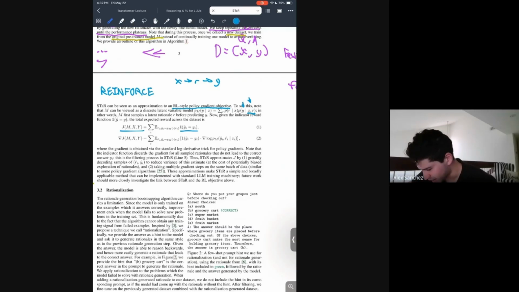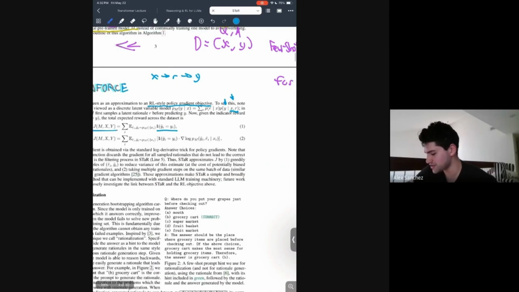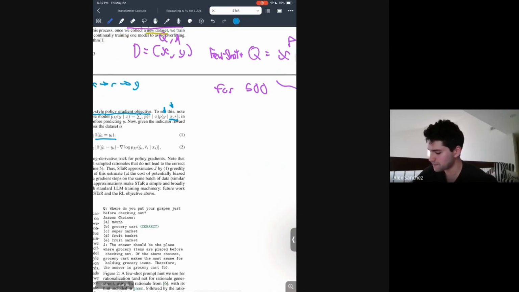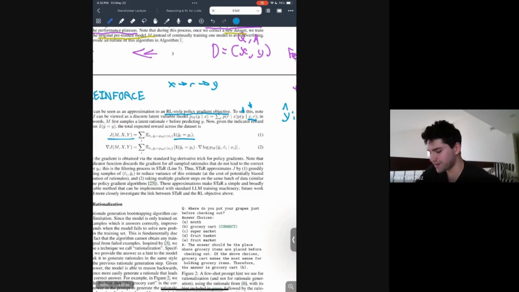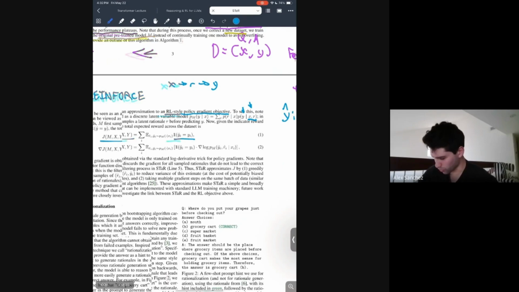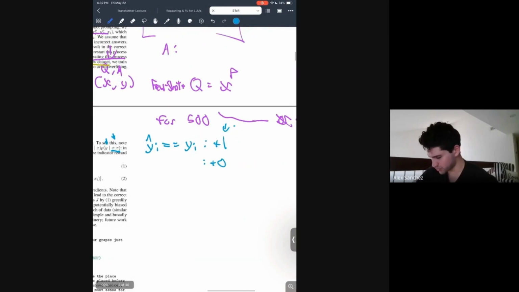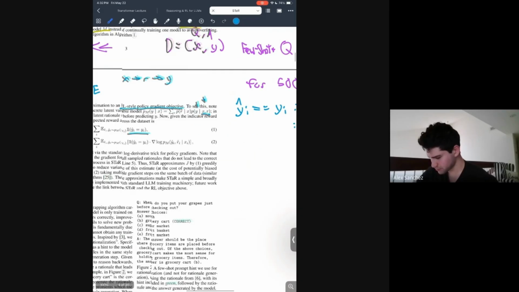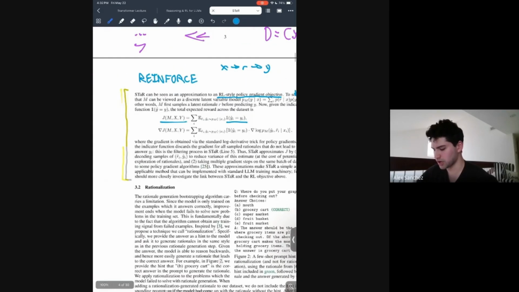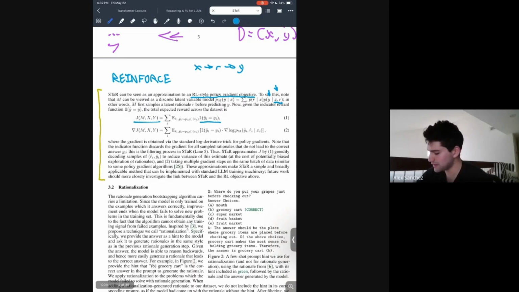And here, if you style this as a reinforcement learning problem, if the prediction, y hat, is equivalent to the actual answer, then you are given +1. Otherwise, you're given +0. The whole goal is to increase this reward when you are looping through and fine-tuning. That's what they mean that this can be seen as a policy gradient objective.